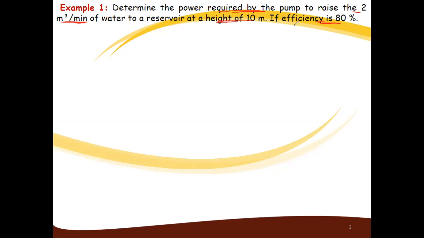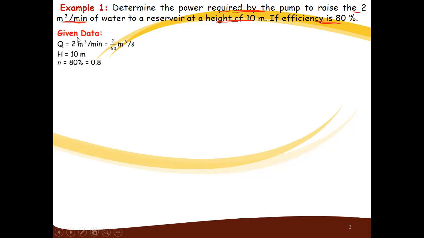So first, if you see, what are the given data? The first one is Q, that is the capacity of the pump to raise 2 meter cube per minute of water. So Q is equals to 2 meter cube per minute.